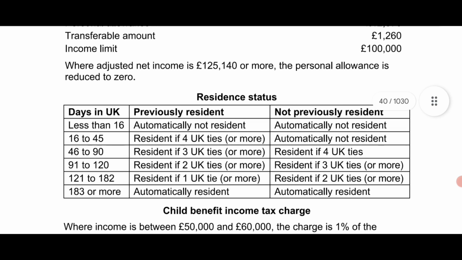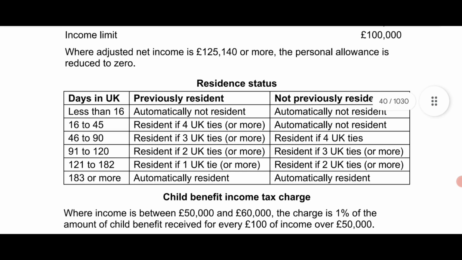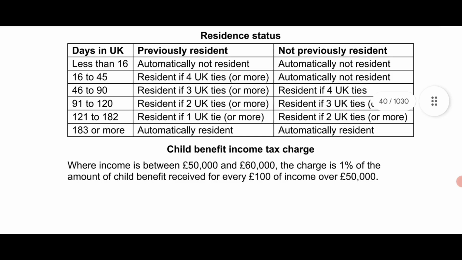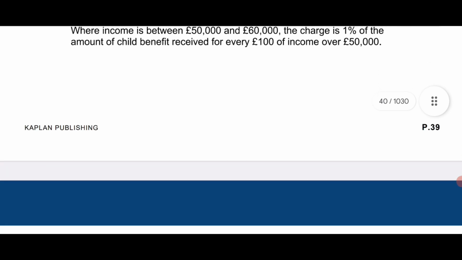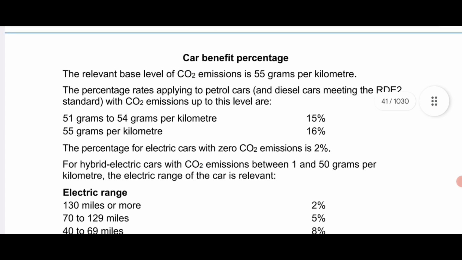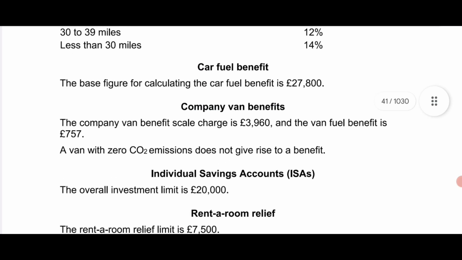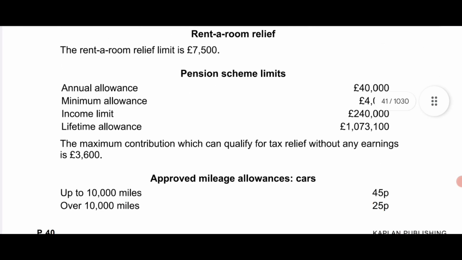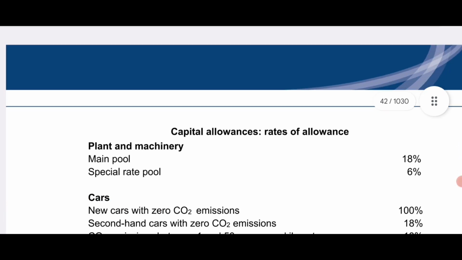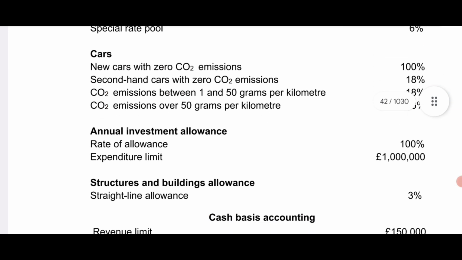Residence status, how it is valid and how it lapses or changes from non-UK resident, also affects the taxation factor. Child benefit: this table will be given once you have the details book with you, and you can go through it.